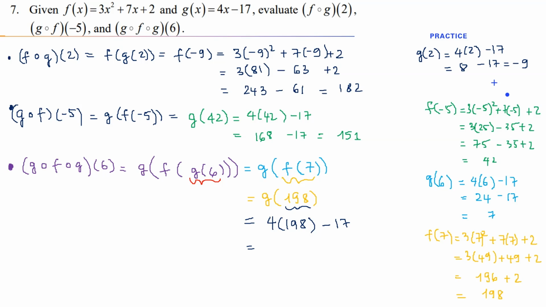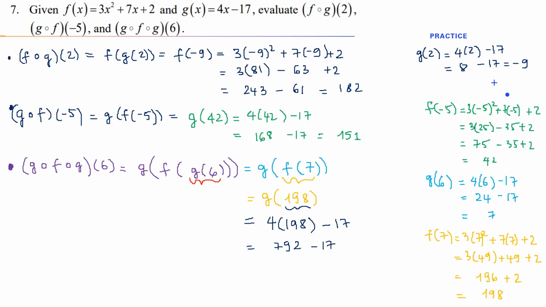4 times 8 is 32. Write 2, remember 3. 4 times 9 is 36, remember 3, that will be 39. Remember 3 again. 4 times 1 is 4, remember 3, is 7.